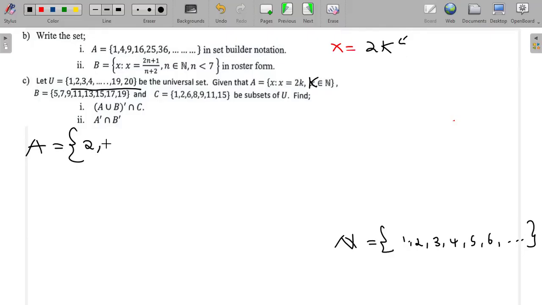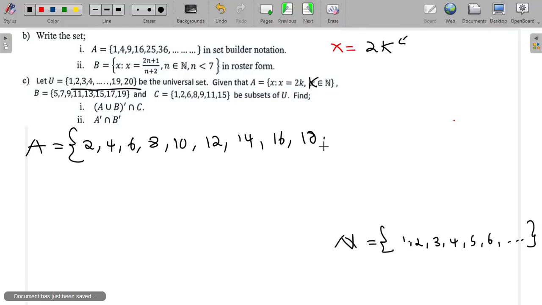When k is 2, it will be 4. When k is 3, 6. When k is 4, 8. When k is 5, 10. When k is 6, 12. When it's 7, 14. When it's 8, 16. When it's 9, 18. And when k is 10, I'm going to have 20.